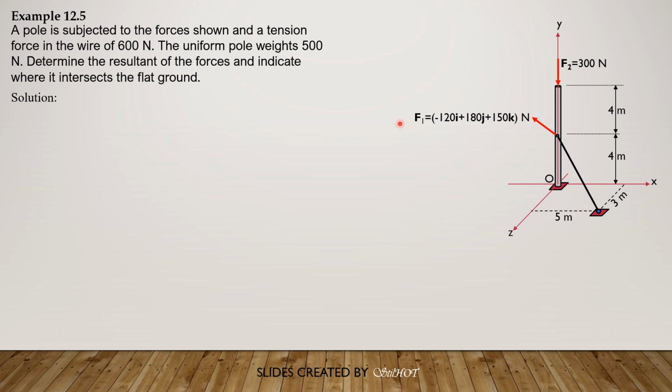So this is F1. It is specified in vector form already, newtons. F2, this is downward. So that's negative 300J. F3, that would be the weight of the pole. So since this distance is 4 and the pole is uniform, this is the center of gravity of the pole, so the weight acts there.